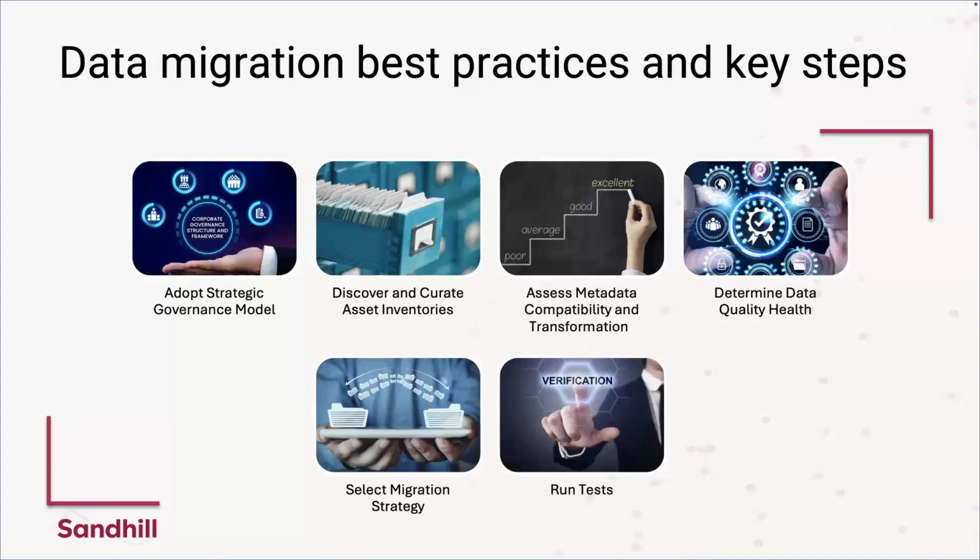You have to decide how you're going to do that. And then lastly, we have to validate things. So we're going to run some tests to make sure everything is migrated over correctly. There's no issues. It's functionally equivalent to what we had and that it's ready for use in the new system. So the first topic we'll jump into is the governance model.